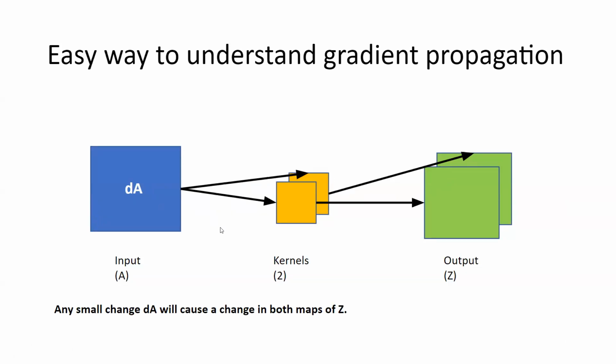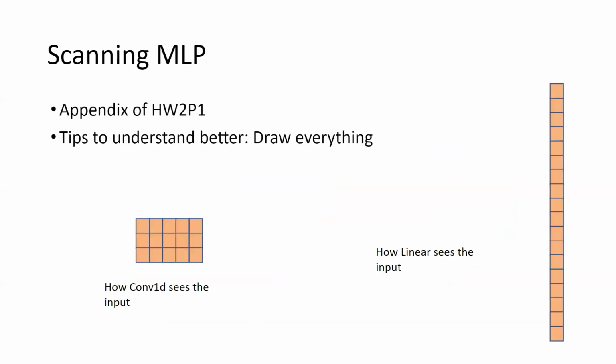Once we have the basic building blocks of a CNN, which are the convolutional layers, your resampling, and then your pooling layers, it's time to build your CNN models. That's another task where you'll be building a CNN model based on the layers that you have. More importantly, we will be focusing on building a CNN that is something like a scanning MLP.